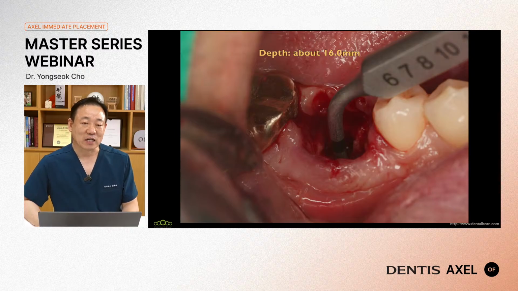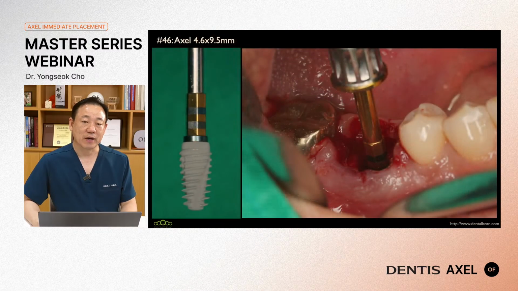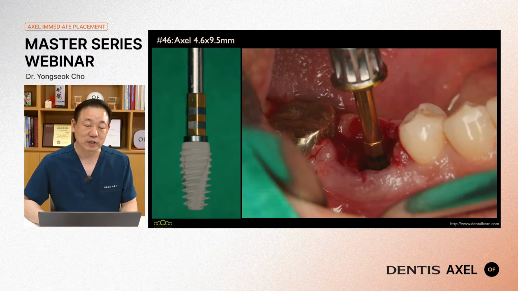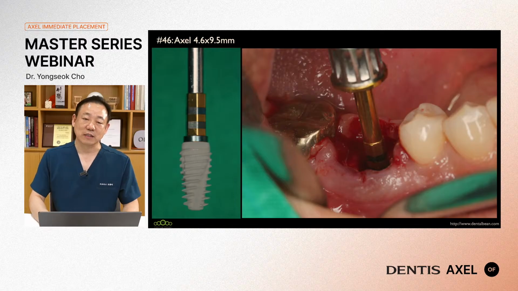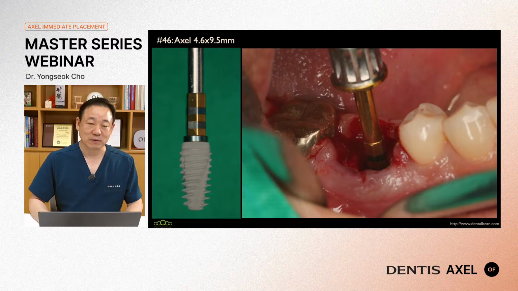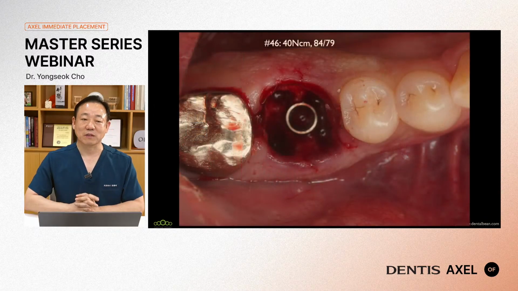Available height is 11 millimeter. At that time, I had a 9.5 millimeter long healing abutment but the implant which is available, it was an early case. The option was not sufficient. So here I selected a 9.5 millimeter long XL implant, diameter 4.5 millimeter.